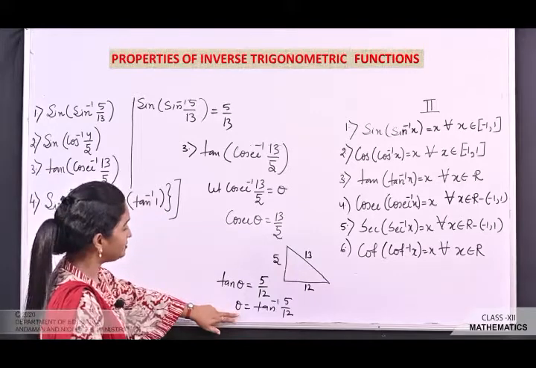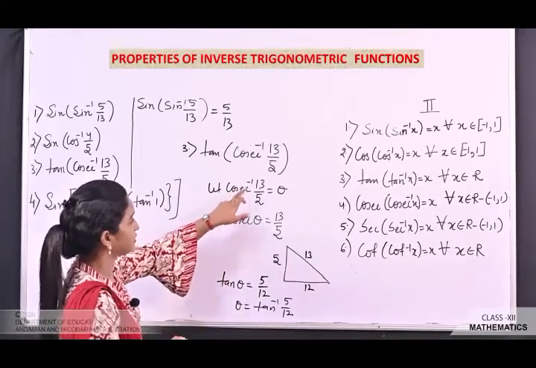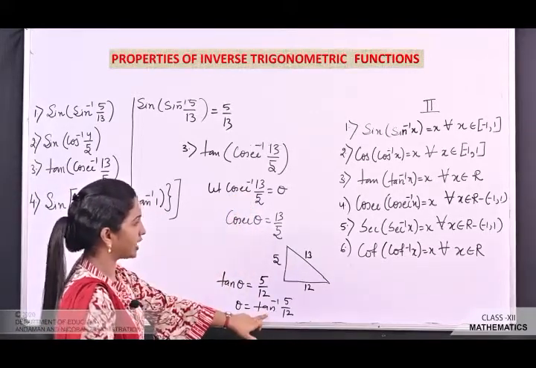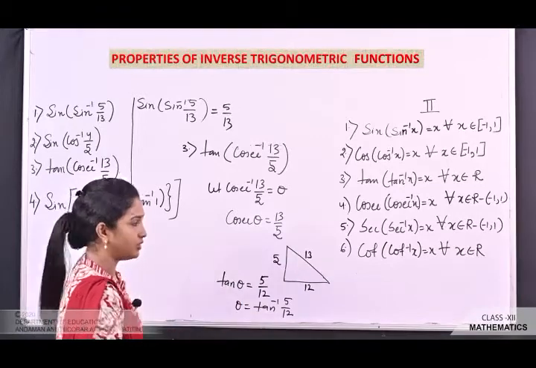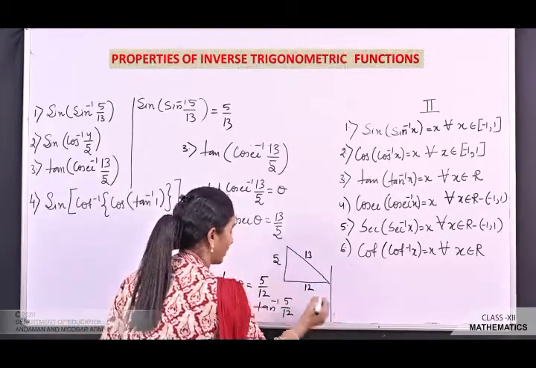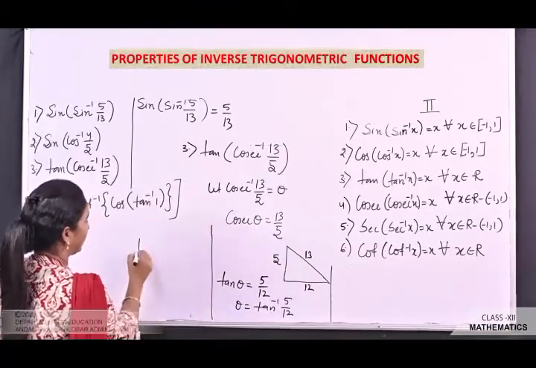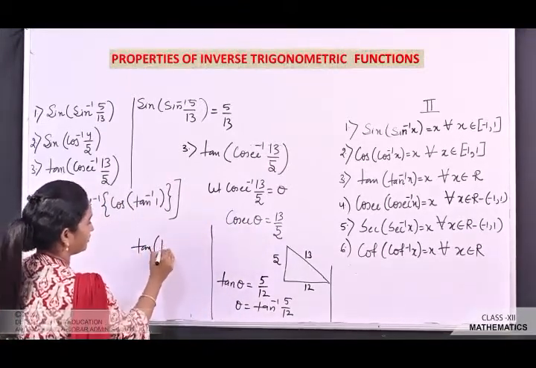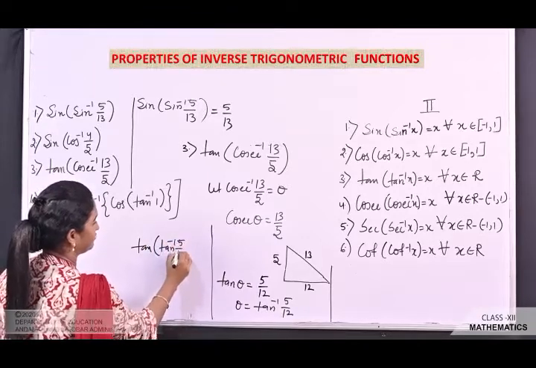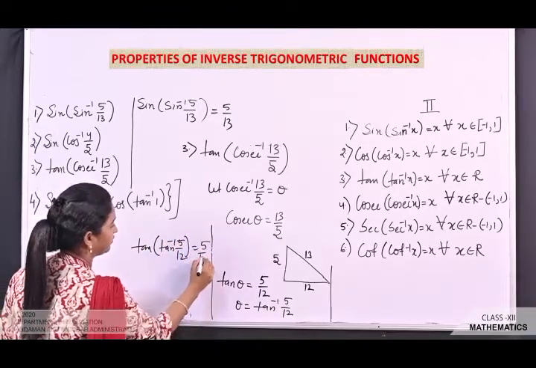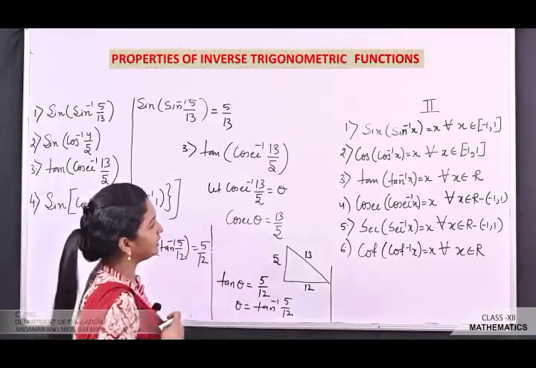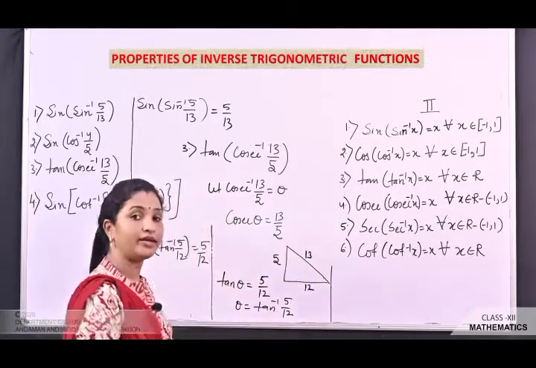That means in place of cosec inverse 13 by 5, you can write tan inverse 5 by 12. So what are you going to get? You can see tan of tan inverse 5 by 12 will be 5 by 12, which lies in the domain because x is a real number here.